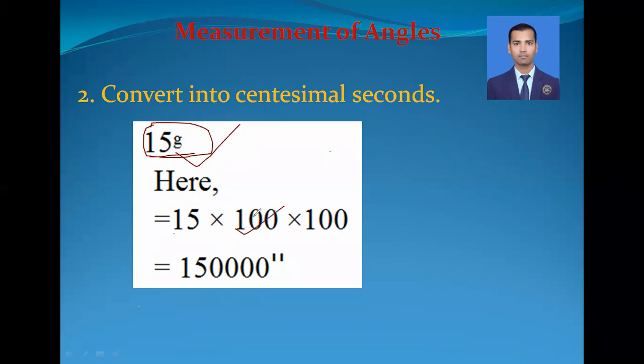That's why first it should be multiplied by 100, and then the minute should be multiplied again by 100 to get seconds. After multiplying we got 15 and 40.